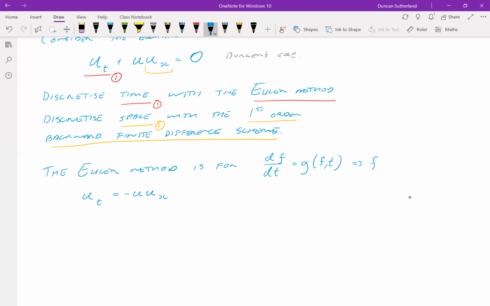We have f_{n+1} equals f_n. So this is our new step. This is our old step. And this is our derivative at the old step.